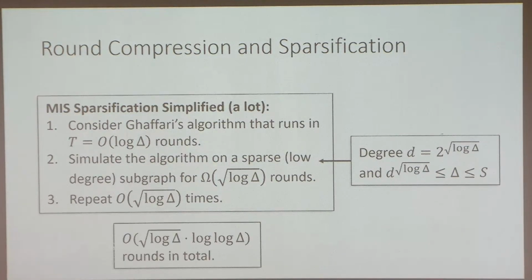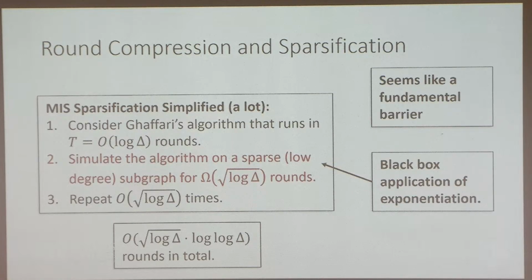And okay, so I already basically said where the round complexity comes from. There's this log delta that comes from the exponentiation part. So again, that means that there's basically no hope of getting better than that. But this also feels somehow like a fundamental barrier for this approach. If I want to split into high and low degree nodes, it seems like I cannot do much better.